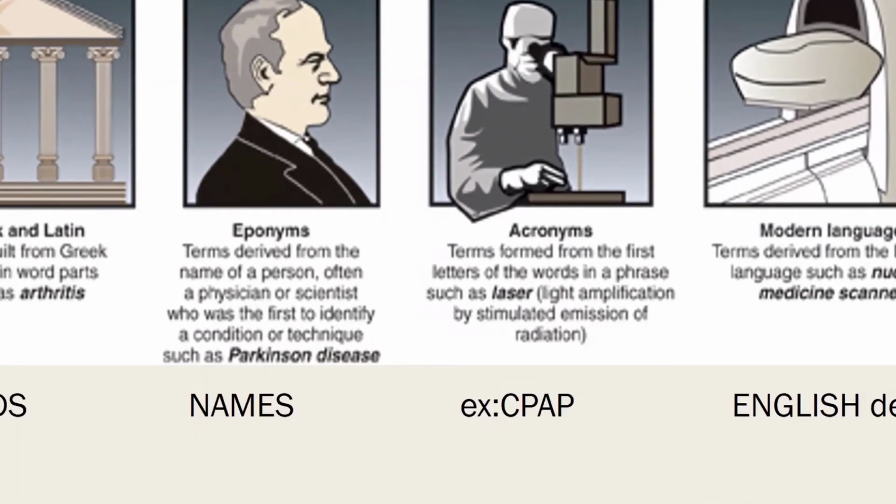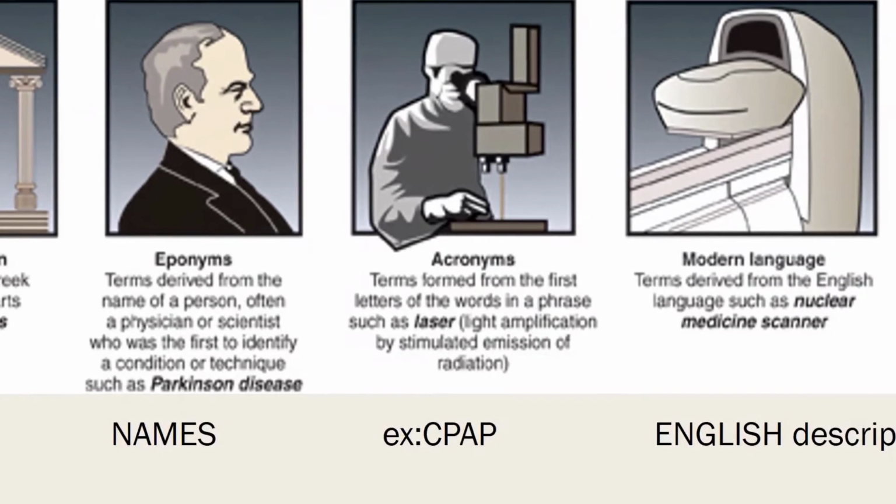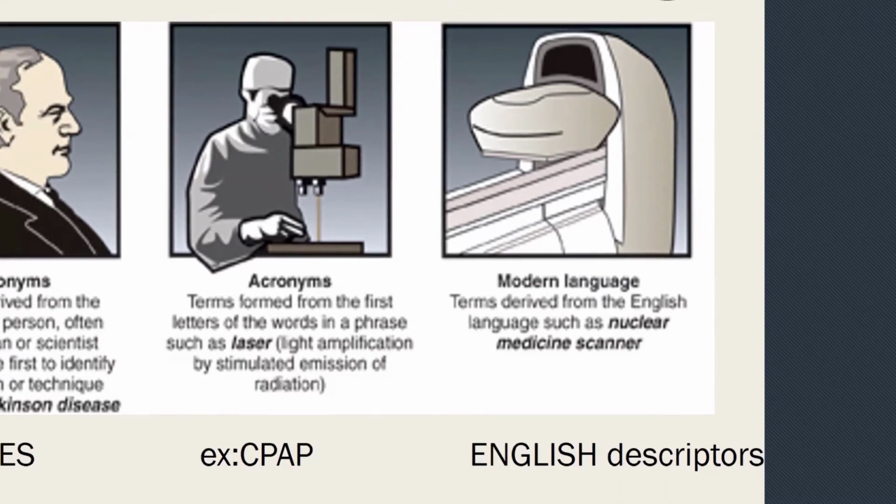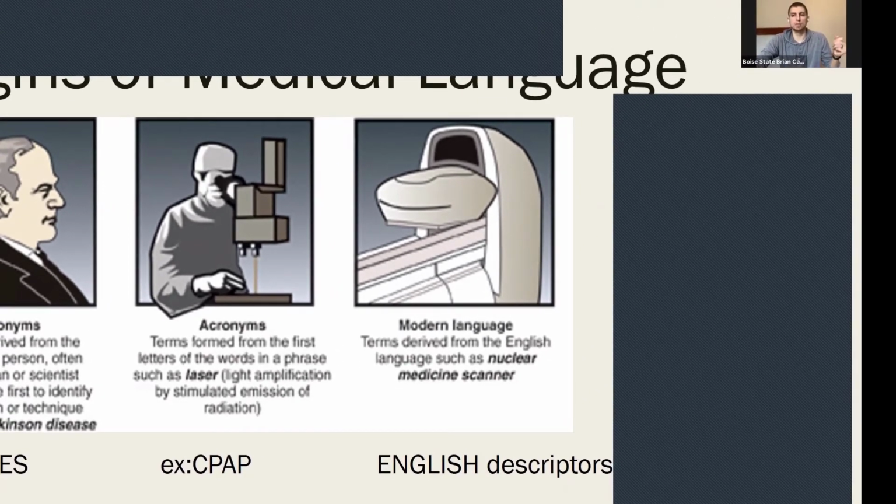Acronyms, for example CPAP, which stands for continuous positive airway pressure. CPAP itself is not a word, but each letter stands for a word, and that builds what we call an acronym. And then modern language is typically an English word that is describing something to do in the medical field.